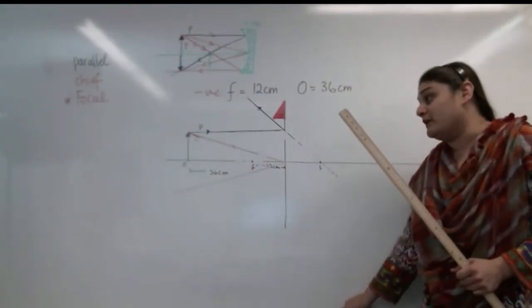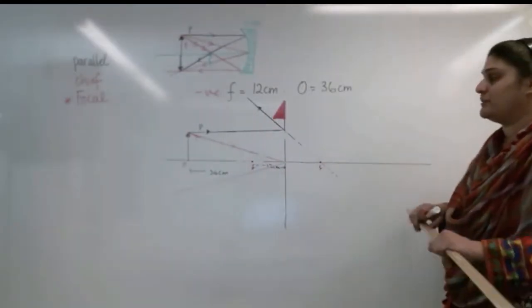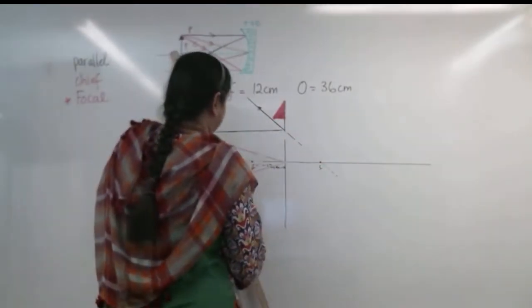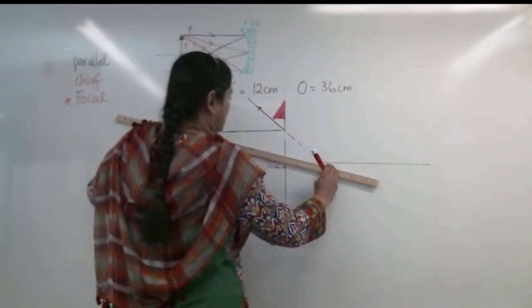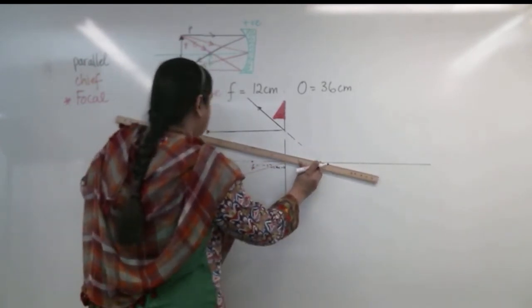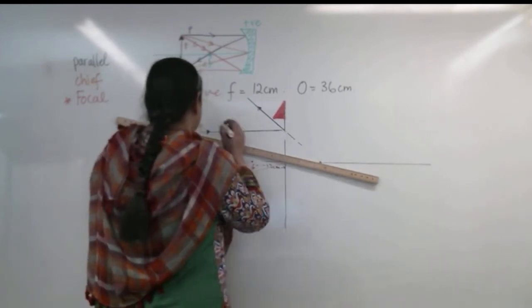Now, what about my focal ray? This is a mirror situation, right? So we can only use one focal point. So in this case, your focal is going to go here. I hope I can draw this properly to show you, but this is where it's going to be.